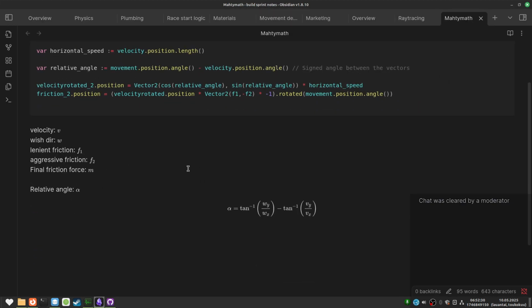That is the relative angle. There we go. We have this.